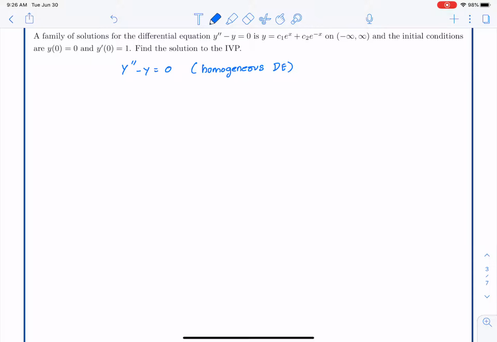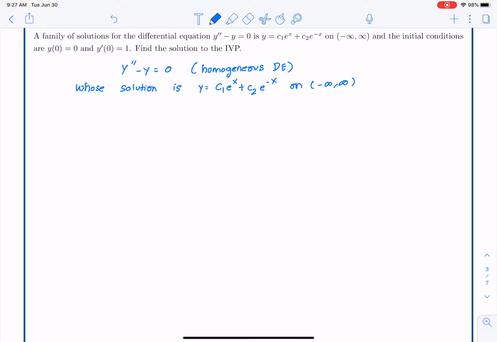And they've given you the solution. And the existence interval is negative infinity all the way up to positive infinity.